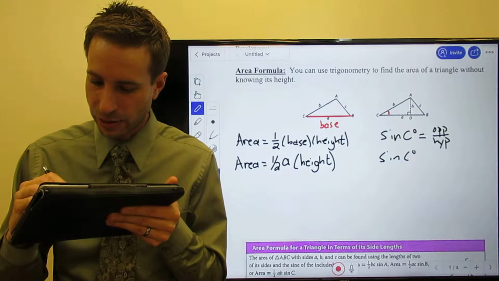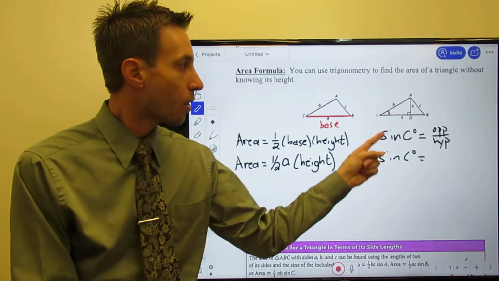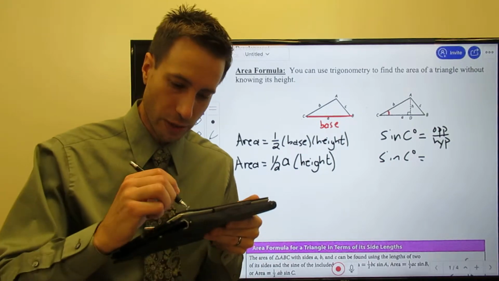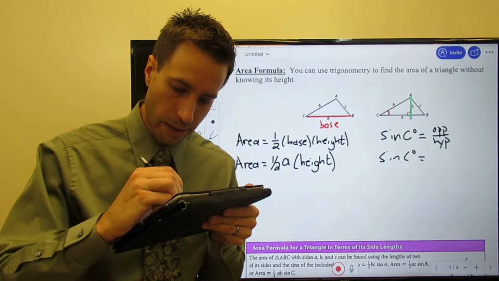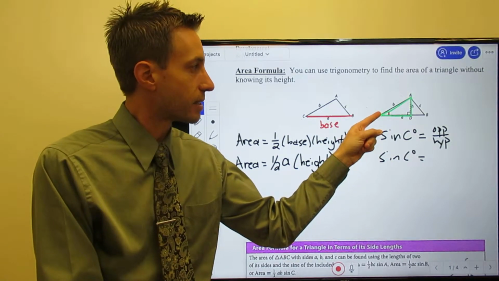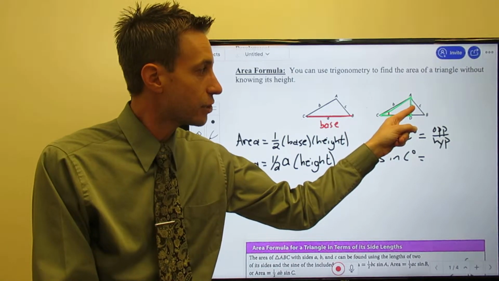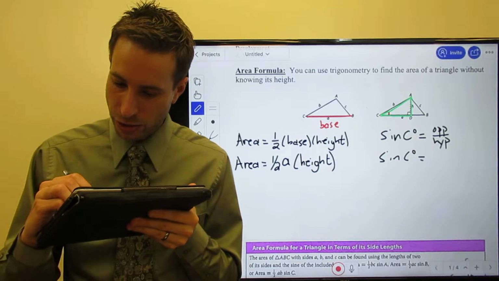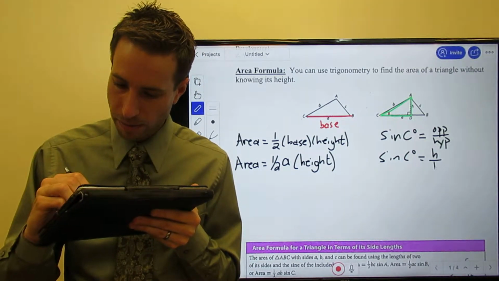So the sine of angle C is going to be equal to, well, if this is angle C, right, here's my right triangle. In fact, let me draw your little right triangle in green. There he is right there. There's my right triangle. All right, angle C, what is the opposite side? Well, the opposite side is H. The hypotenuse is B. So I have H over B.